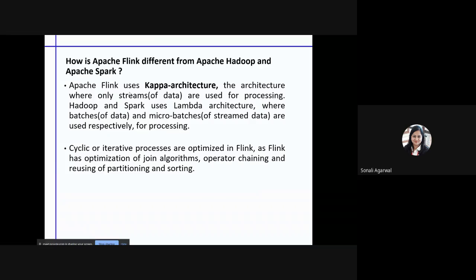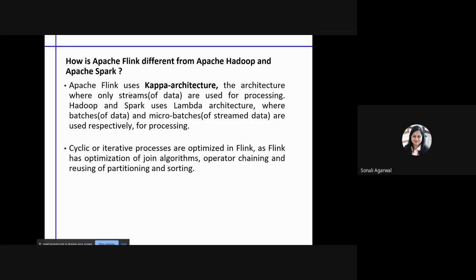But Hadoop and Spark use the Lambda architecture, where we can do batch processing and micro-batches. So I can conclude here that Apache Flink is a truly streaming platform, and Apache Spark is a streaming platform with some limitations, so that would not be very surprising.